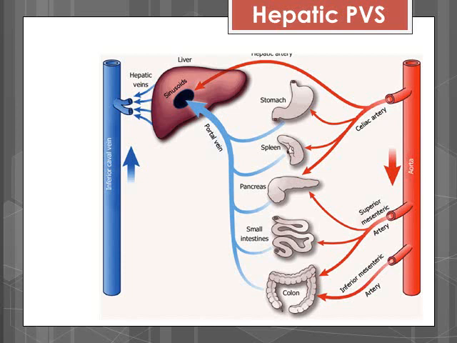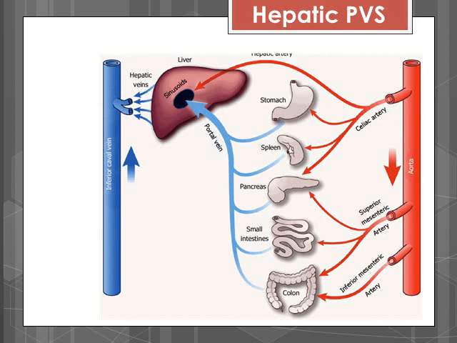The portal venous system usually refers to the hepatic portal venous system, through which the venous drainage of most of the gastrointestinal tract plus the spleen and pancreas pools into the portal vein to reach the liver before returning to the heart through the inferior vena cava.